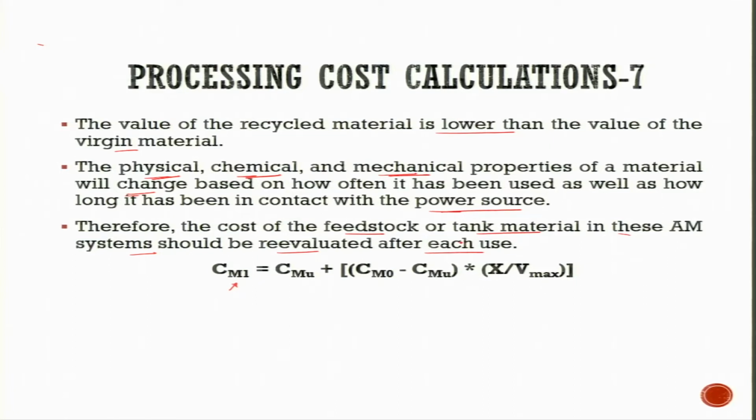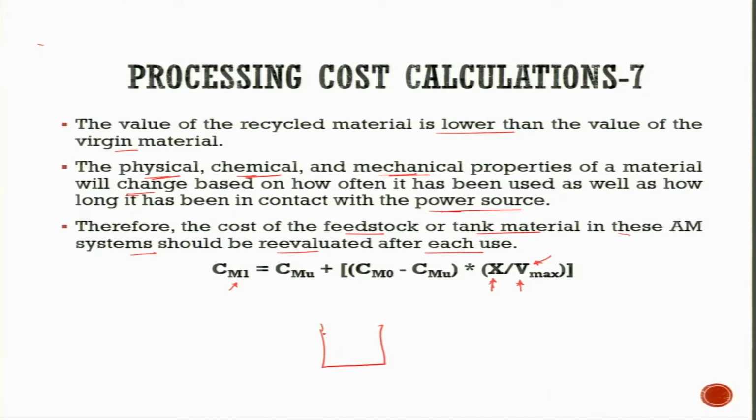The tank or the feedstock storage system in this type of additive manufacturing process should be filled to the maximum capacity. That capacity is given by Vmax, and the virgin material amount is X here. So they are added to refill the tank completely. The value of the recycled material is lower, as mentioned. So what happens is we have a complete virgin material.